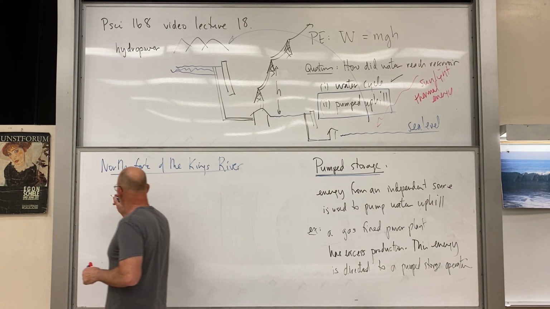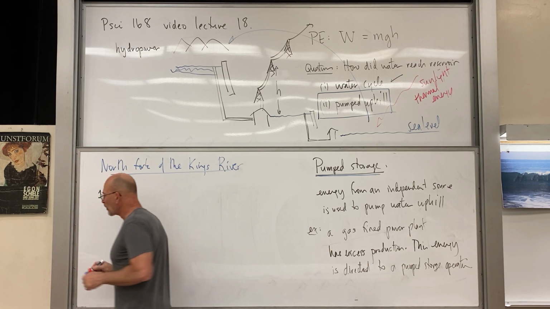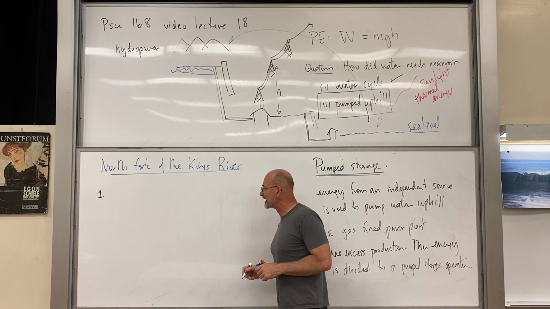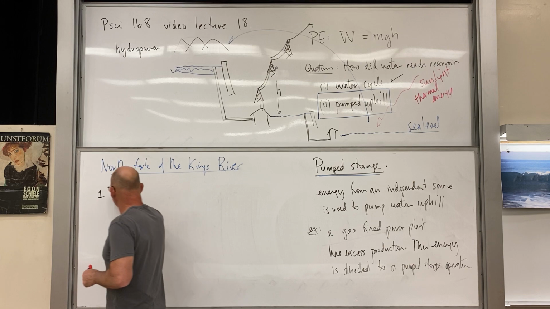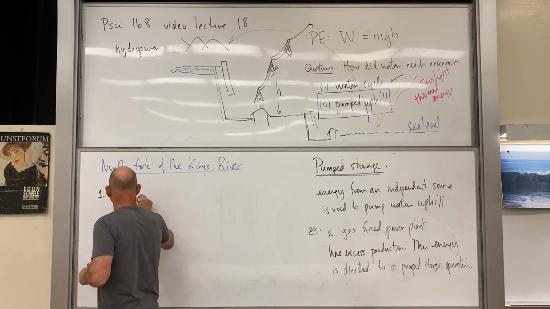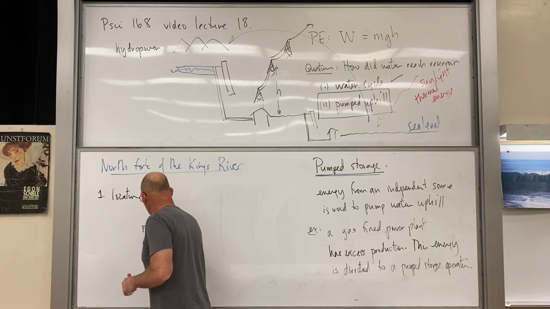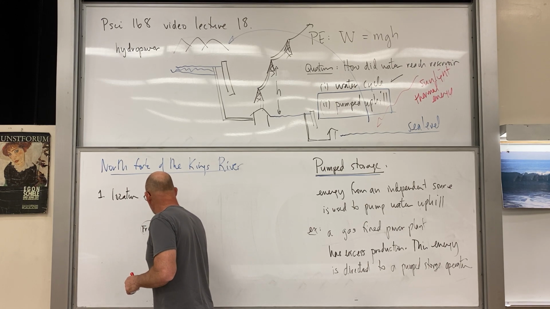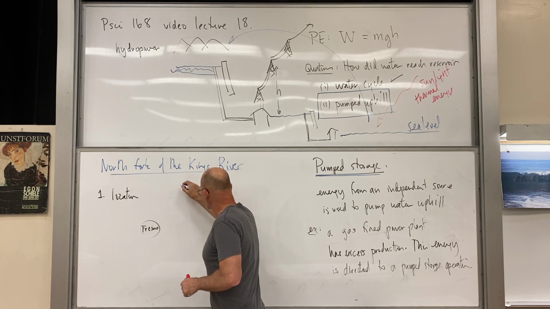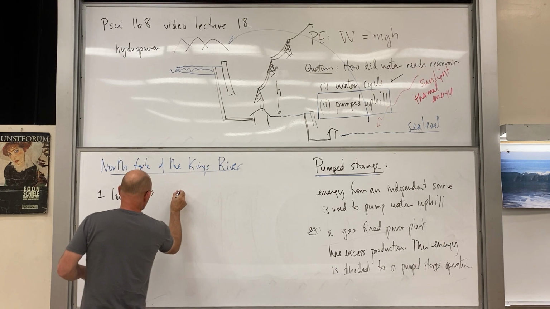So first of all, where is the North Fork of the Kings River located? Roughly speaking, we have the Central Valley and Fresno here. We have the Sierra Nevada mountain range.